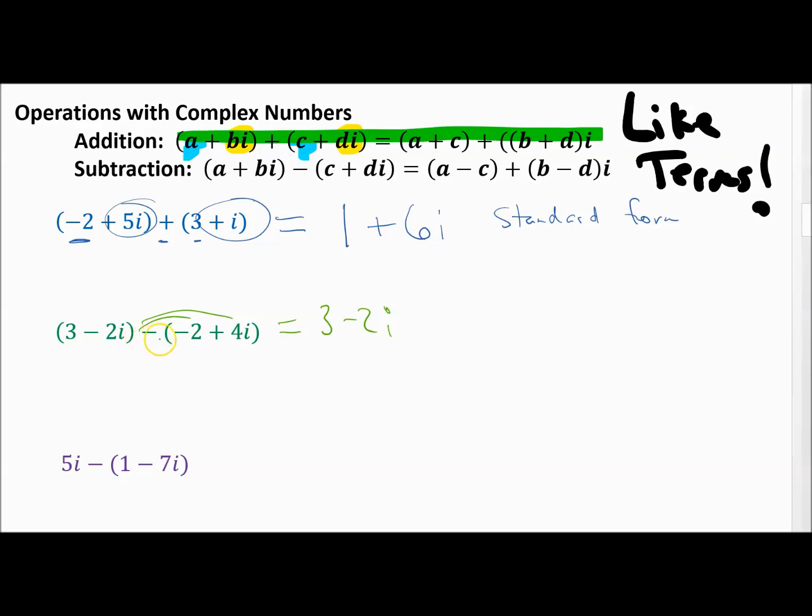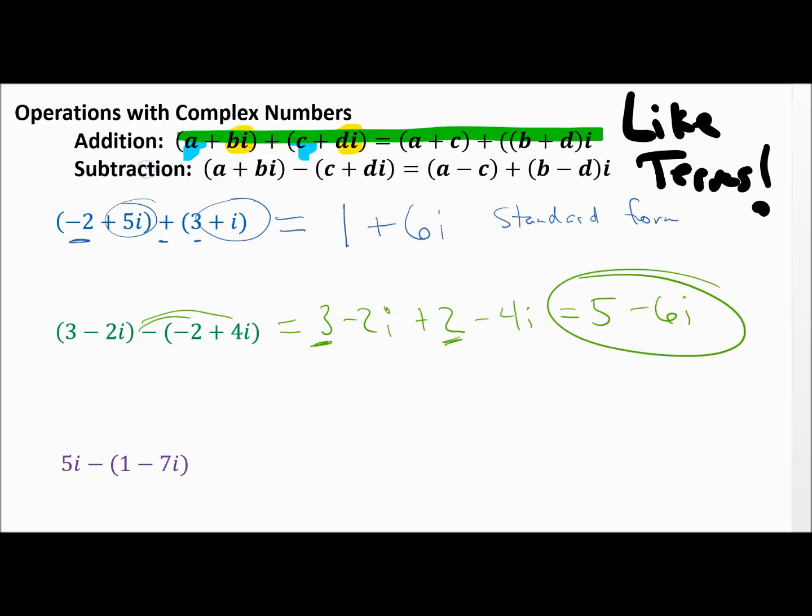And then this negative of a negative is going to be plus 2, and this negative times this plus 4i will be minus 4i. Just like when you're dealing with polynomials and you have to distribute a negative, this is the same thing. Now I'm going to add the real parts together. The 3 and the 2 are the real part of your complex number, and -2i plus -4i is -6i, and that is in standard form.